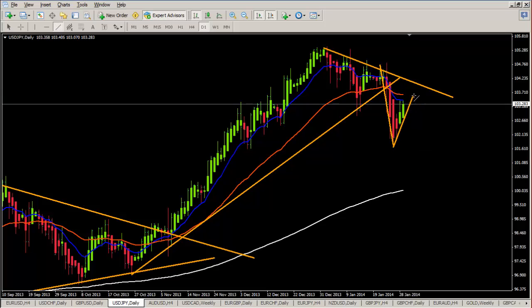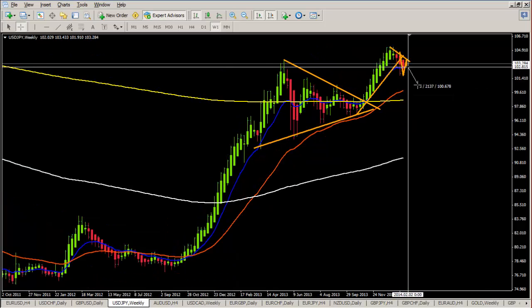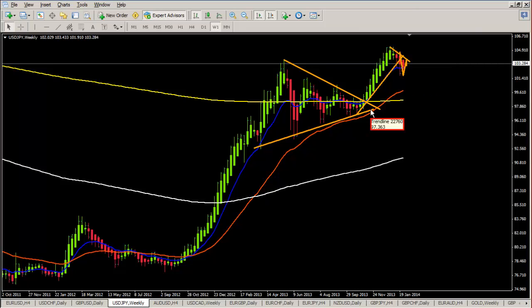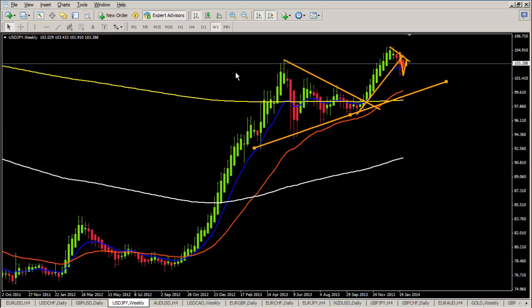Hopefully it stays below this line, and if we can get a bounce, then for sure I would recommend you look for shorts, trade against the main trend, but you have room, right? 2, 3, 400 pips depending on how far the retracement wants to go. At least 200 to 300 pips should be in for us.